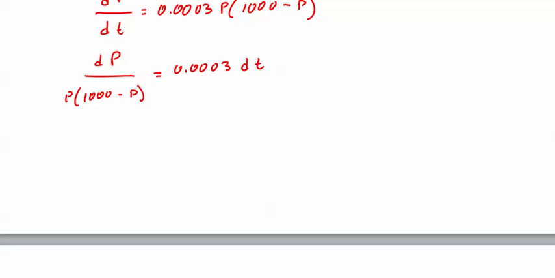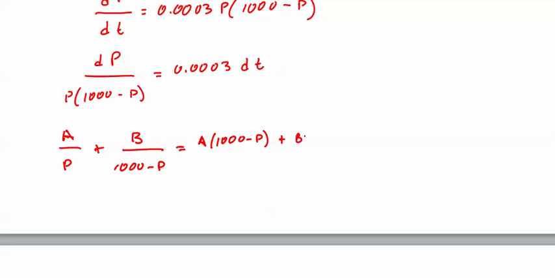Math to do. Factor it, we get A over P plus B over 1,000 minus P. And that equals A times 1,000 minus P plus B times P, and that should equal 1. So that's what's on top of this fraction, despite the dP sitting there.